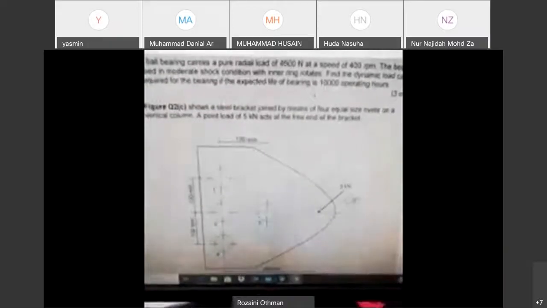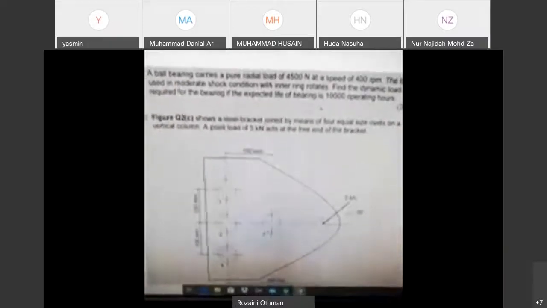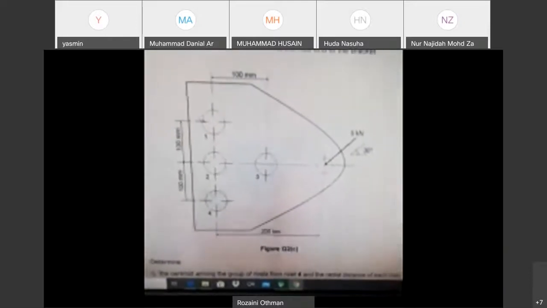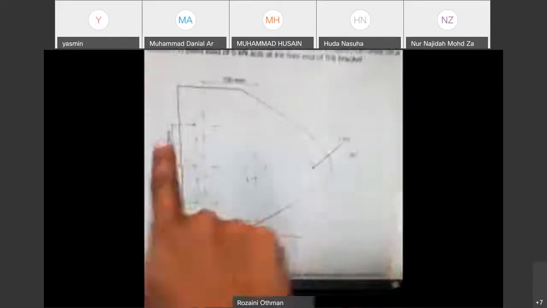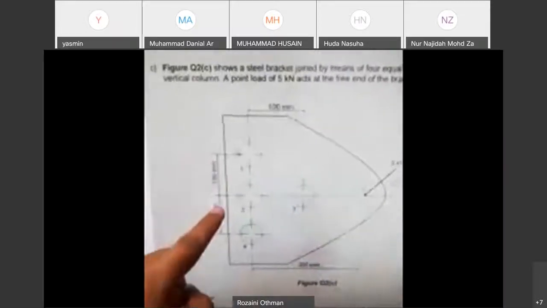Steel bracket joined by means of 4 equal size rivets on a vertical column. A point load of 5 kN acts at the free end of the bracket. Okay. Right. So here's the bracket, and this is rivet 1, rivet 2, 3, and then 4.